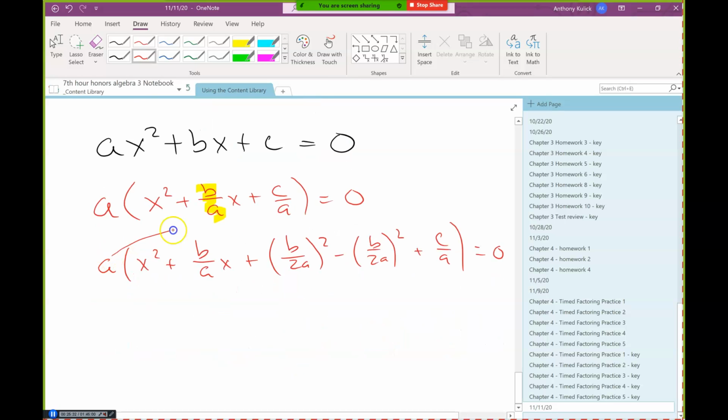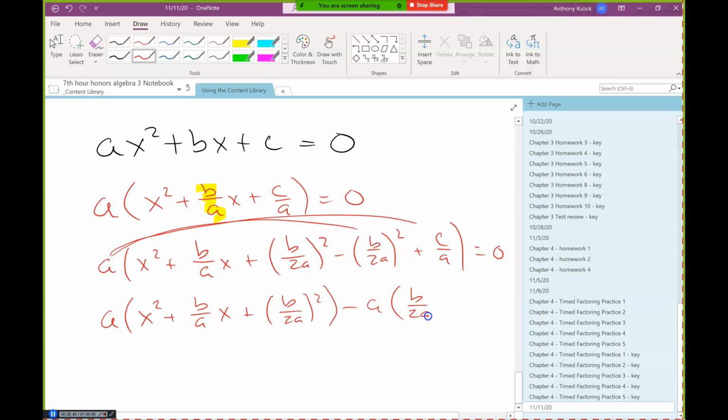And then we distribute the a to those last two pieces to kick them out of the parenthesis. And I just turn that back into a c because a times c over a is just c, right? Okay.